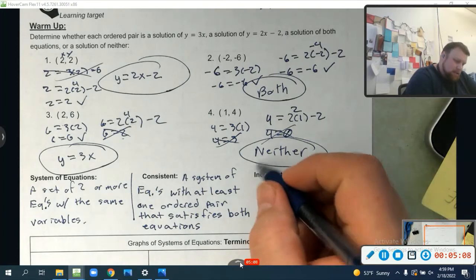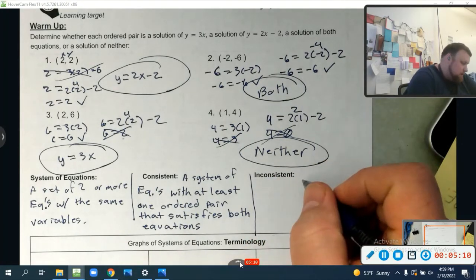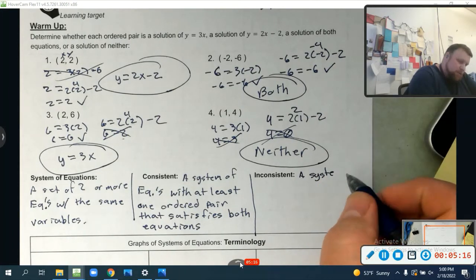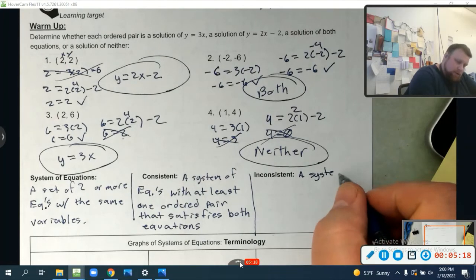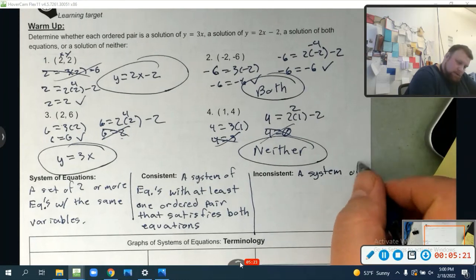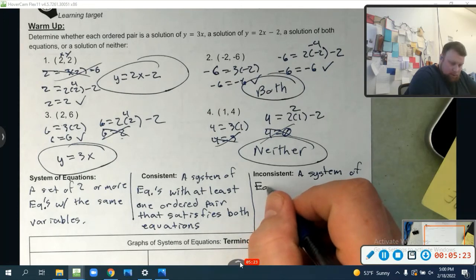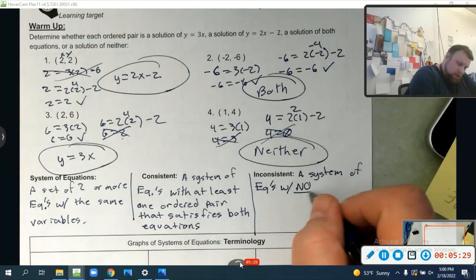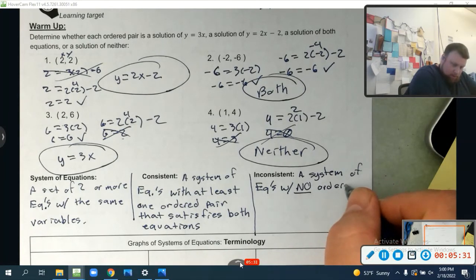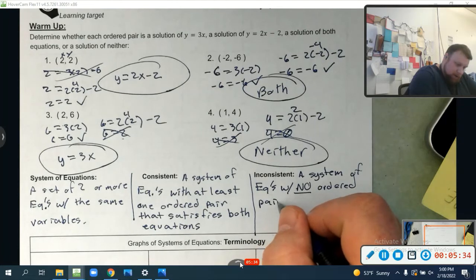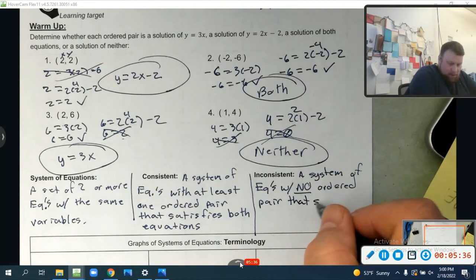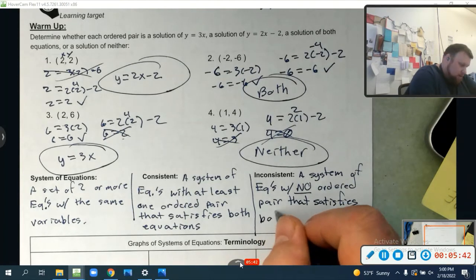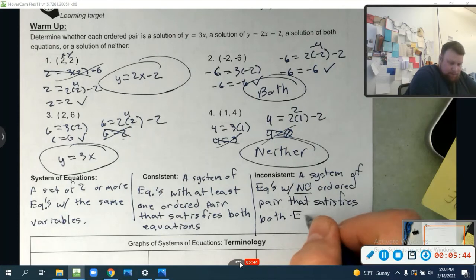And an inconsistent system is a system of equations with no ordered pair that satisfies both equations.